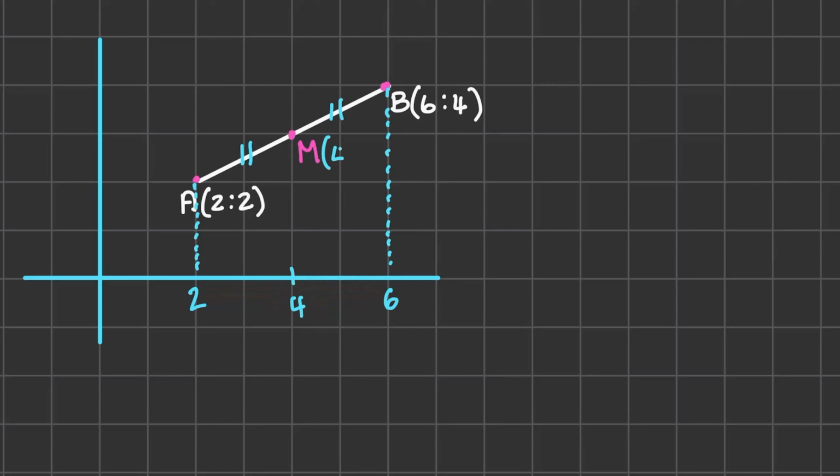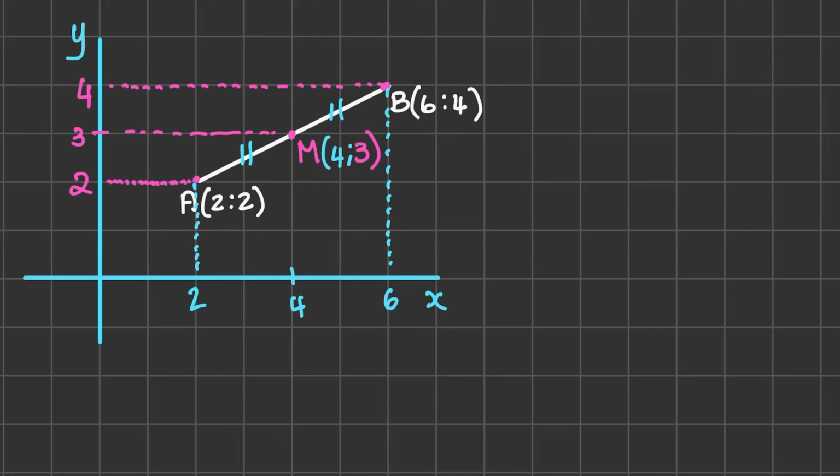So the x value of M is 4. Then the y value of A is 2 and the y value of B is 4. And the number right in the middle of 2 and 4 is 3. So M's coordinate is where x is 4 and y is equal to 3.